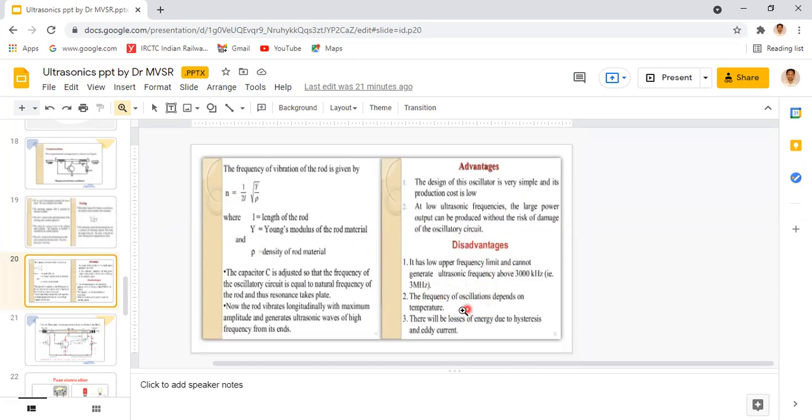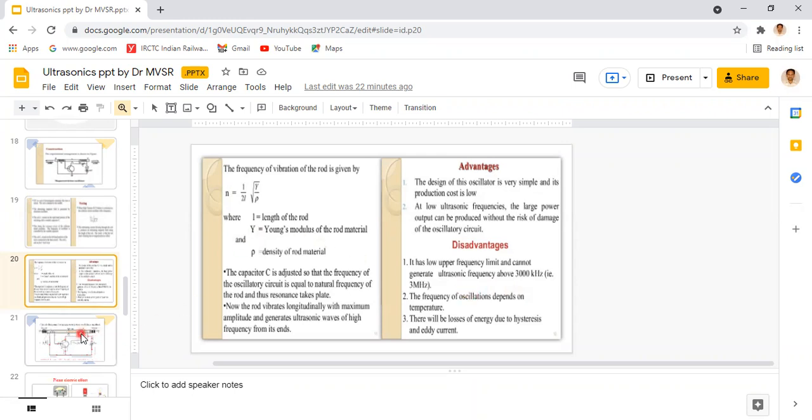The frequency of the oscillations depends on temperature, and it has a low upper frequency limit and cannot generate ultrasonic waves of a frequency above 300 kilohertz. For frequencies above that, we have to go to another method.